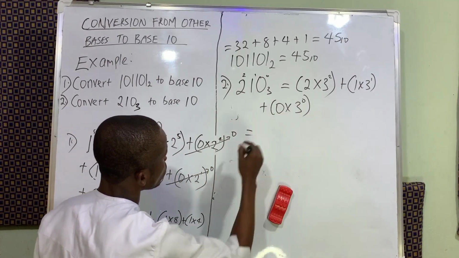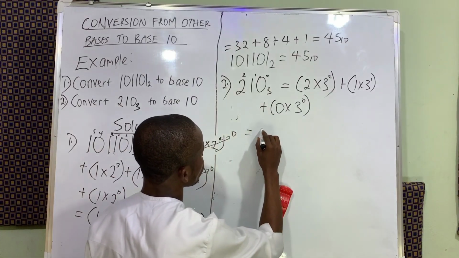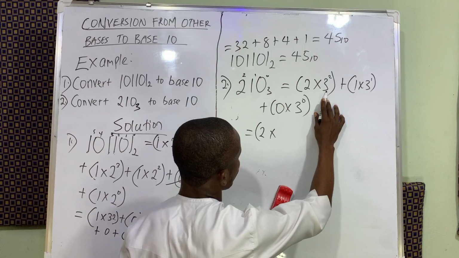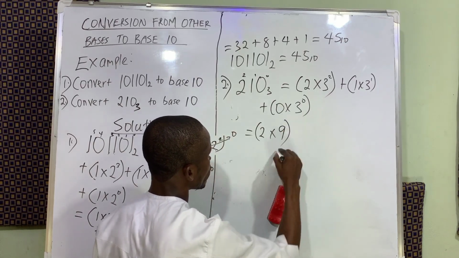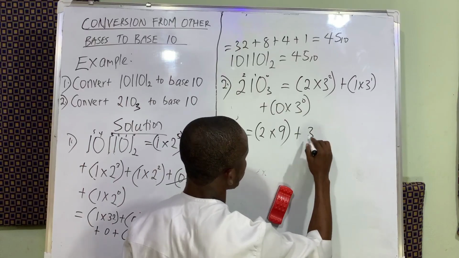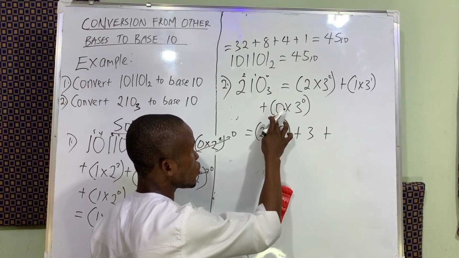That equals 2 times 3 squared. 3 squared implies 3 times 3, and that is equal to 9. So this is 9, plus 1 times 3 is 3, plus, since here is 0, whatever we have times 0 will give us 0.